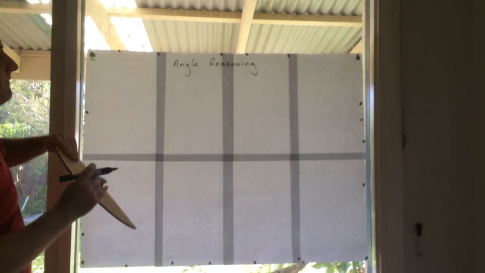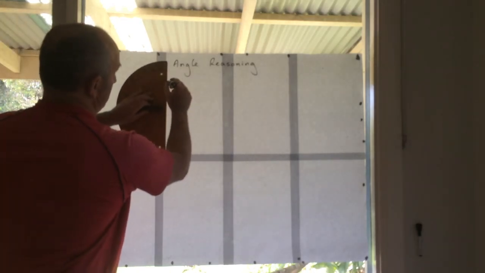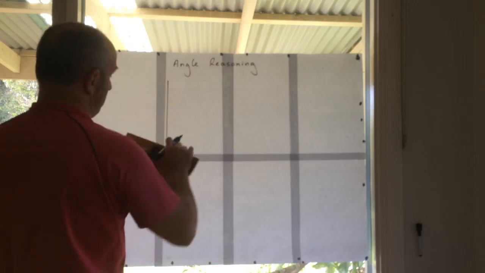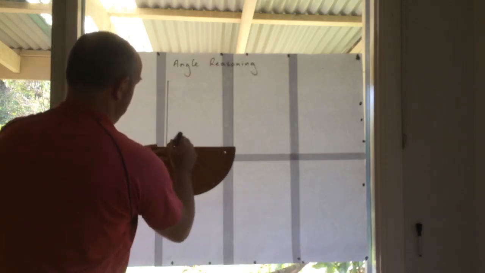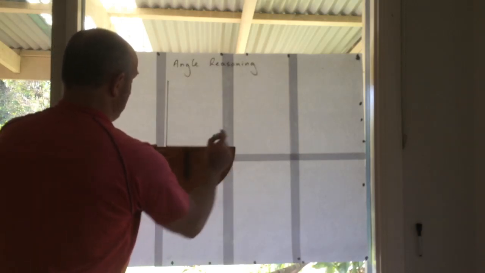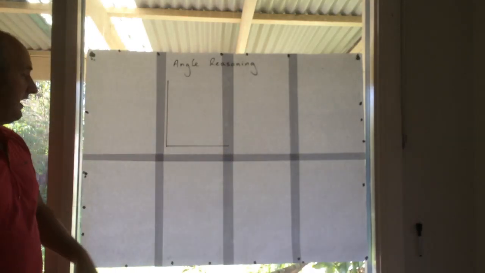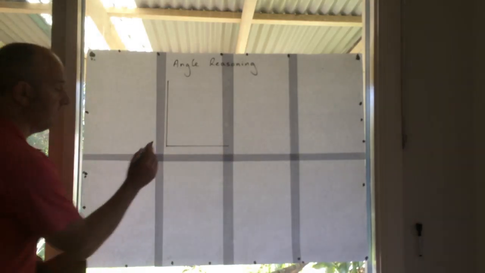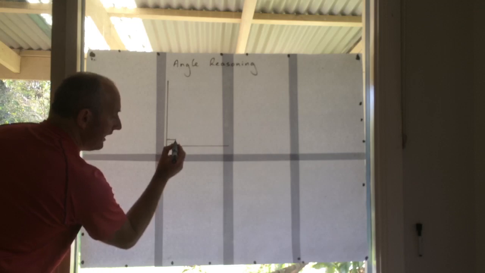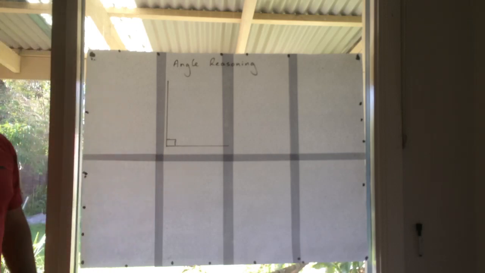Okay, so the next angle we're going to do is complementary angles. So I'm going to draw a 90-degree angle. Hey, hang on, that's not 90 degrees. Yes it is. That's definitely 90 degrees.